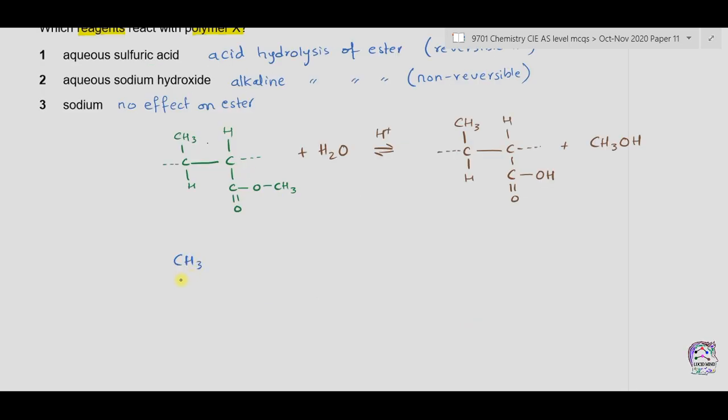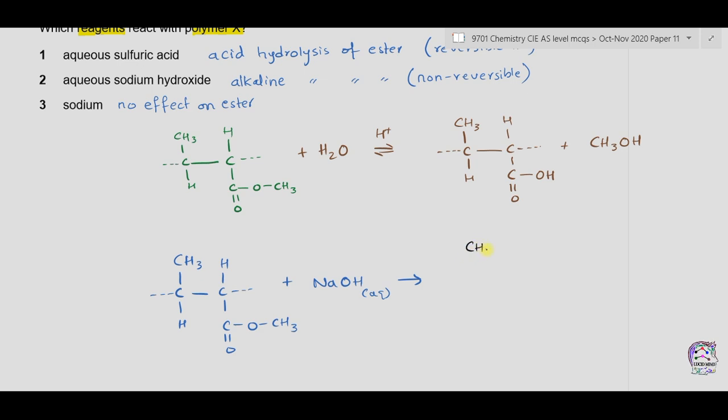Similarly, upon hydrolysis in the presence of alkali, the compound will react like this. Plus sodium hydroxide aqueous. The reaction will be in one direction.